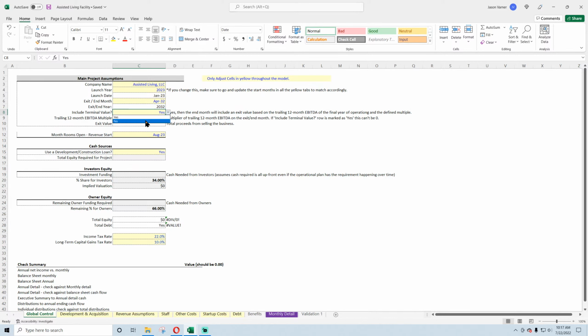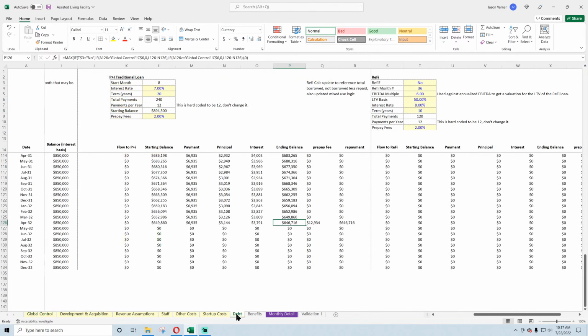So what if we're not including terminal value? If we're not, that means we're not repaying the debt. Does this work? No, it's still, so there's a repayment, but the amortization stops at least. I'm trying to think of the best way to, so we'll have to do this same logic for both the initial loan and the refi loan.